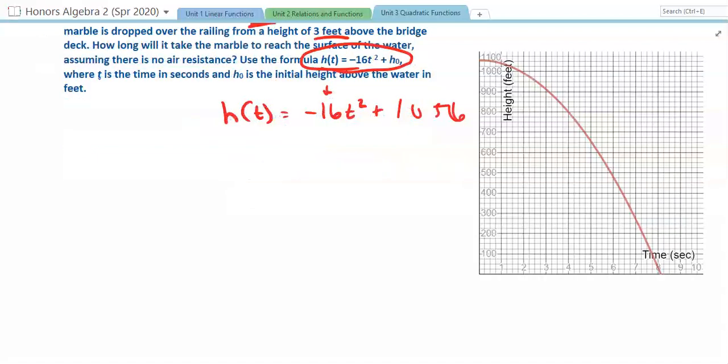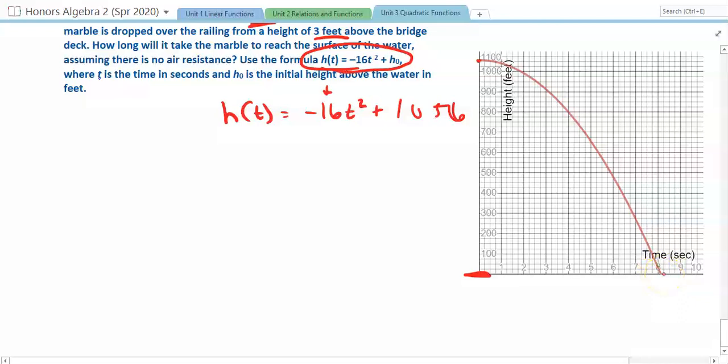So here's my graph. I've gone to Desmos and graphed this up. And so we see that our y-intercept is up here at 1,056. And you'll see that my y is height in feet, my t is time in seconds. So this is not how far the marble is going to be away from the bridge. This is how long it's taken this marble to hit this 0 mark, which the 0 mark in height would be the water. And so when does it hit? Well, it hits right here, and it looks like it hits really close to 8.